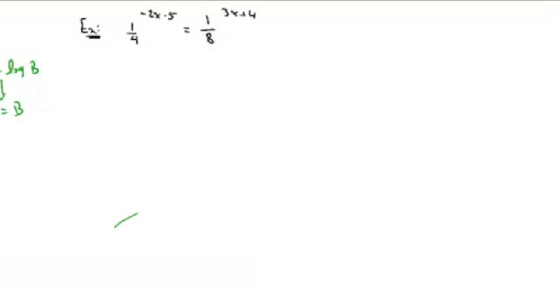Another one-to-one property. Logs are nice because once you see log base whatever, you can compare them and say they're the exact same function. Exponentials can get a little different because the bases don't necessarily have to be exactly the same, and sometimes you have to kind of force the issue.